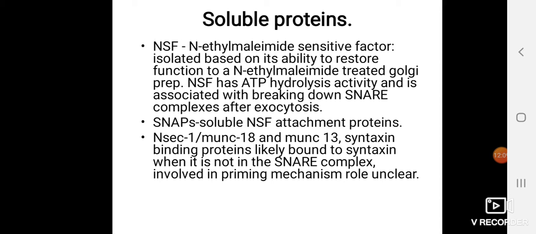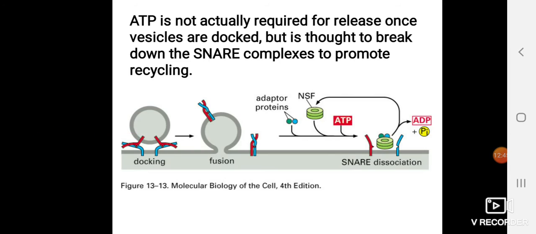Then there are the soluble protein molecules, that is NSF protein. These NSF protein molecules hydrolyze ATP, and thereby help in the breakdown of the SNARE complex, or in other words they release the SNARE complex. The SNAPs help in the attachment of NSF proteins. There is NSEC1 or MUNC18 or MUNC13, syntaxin binding proteins, which are likely to bind with the syntaxin when it is not in the SNARE complex.